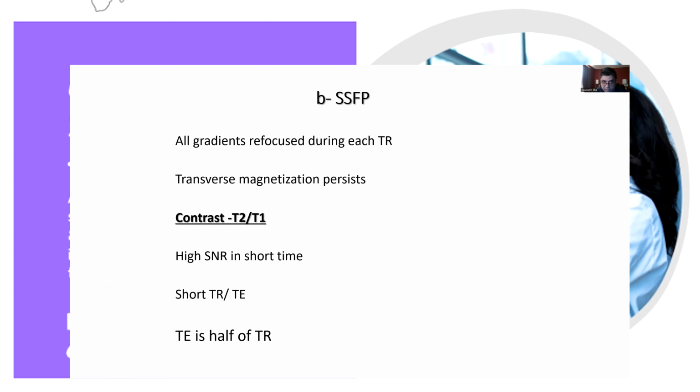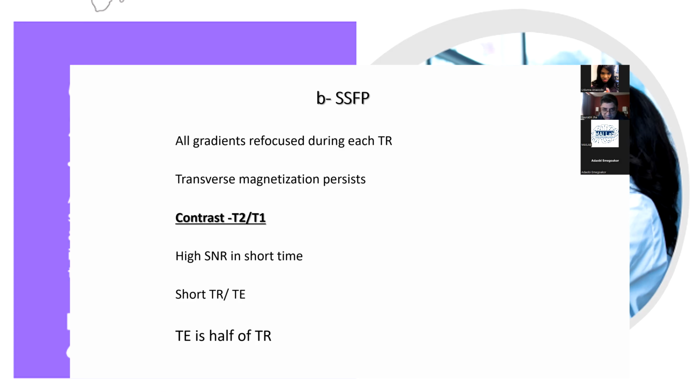And so the contrast it generates is greater than if you were simply a one-trick pony. The contrast it generates is not based on the T1 time or the T2 time, but the ratio of T2 to T1. So three disparate tissues with very different T1 and T2 times, fat, blood, and water, have very similar signal on balanced steady-state precession because their T2 to T1 ratios are the same.